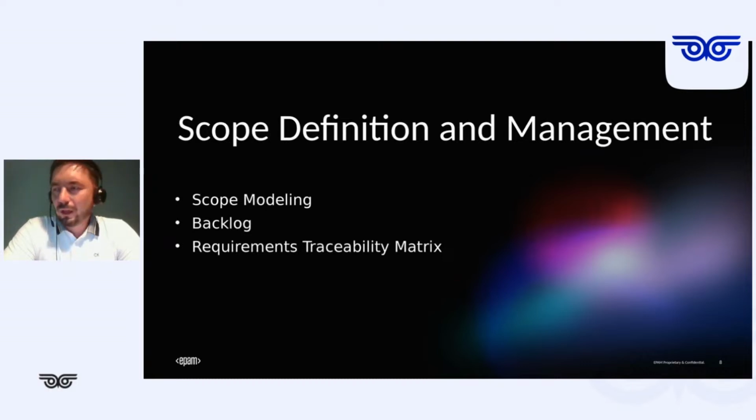Let's say you are a project manager and you come to a business analyst saying, we need to define the scope and decide how we manage it. So what do we want to do?